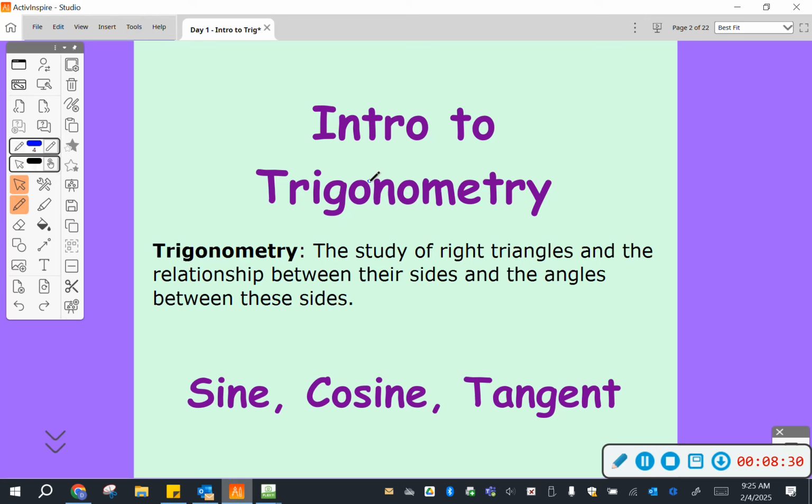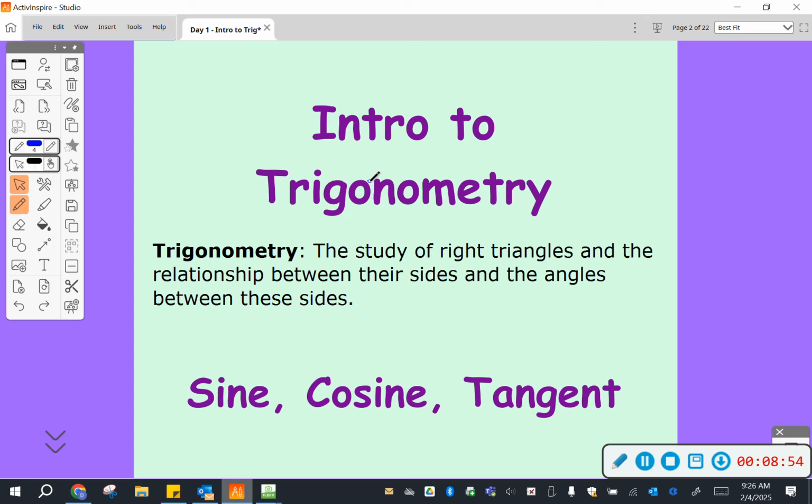The second thing I need you to know is that we usually use trigonometry if we have a right triangle that is not 30, 60, 90 or 45, 45, 90. Last unit, don't you agree we learned the tricks to solve those triangles by doing the chart or writing the same number? This unit, I'm not going to give you those triangles. I'm going to give you a triangle that's 40, 50, 90.